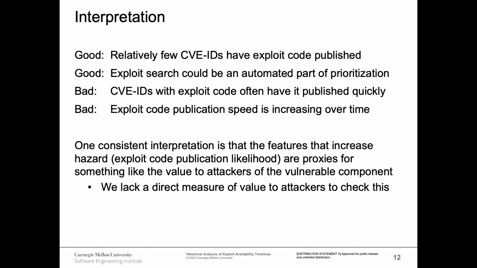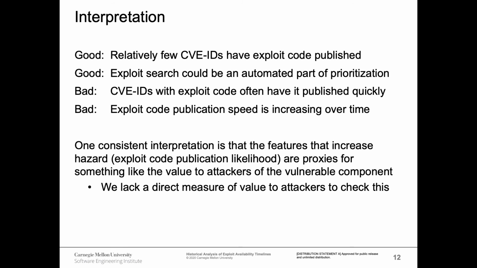We have demonstrated an exploit search of these different databases, and we think that we can integrate that into prioritization in a somewhat automated way because we have the CVE-ID tags, we have all of this stuff. But on the other side, the need to do this is also increasing because we see the exploit code publication speed increasing over time.